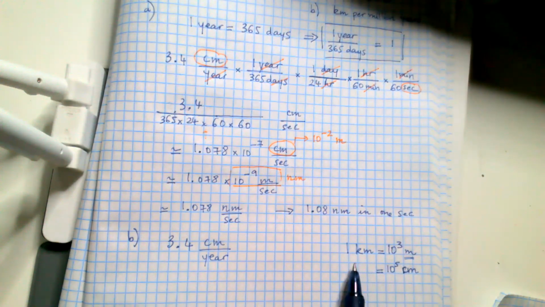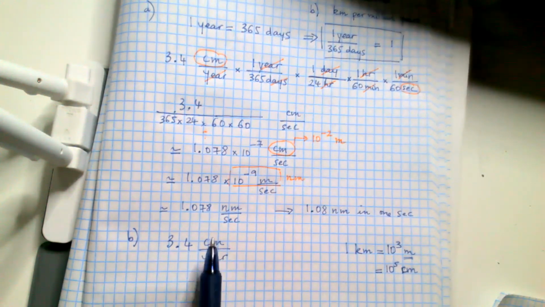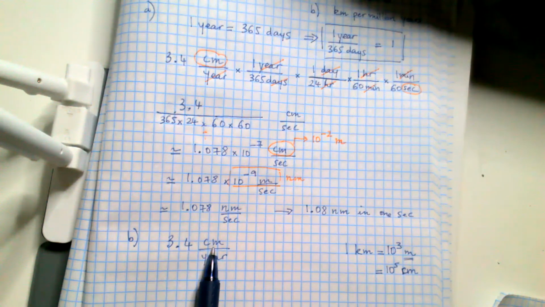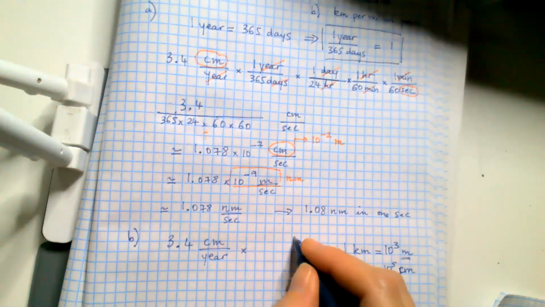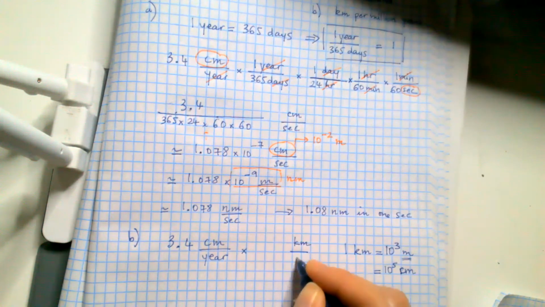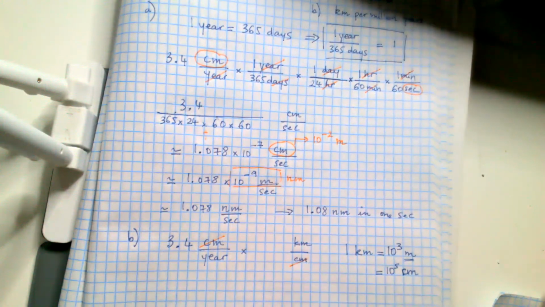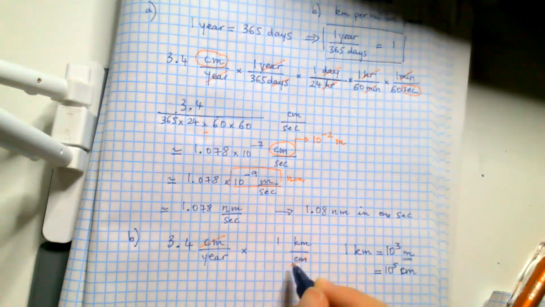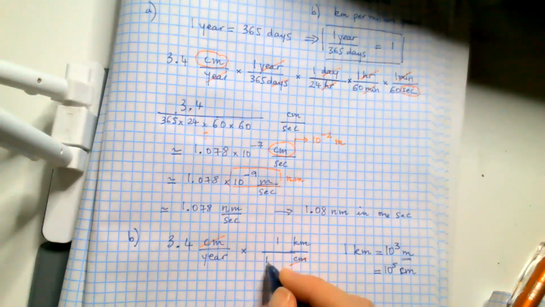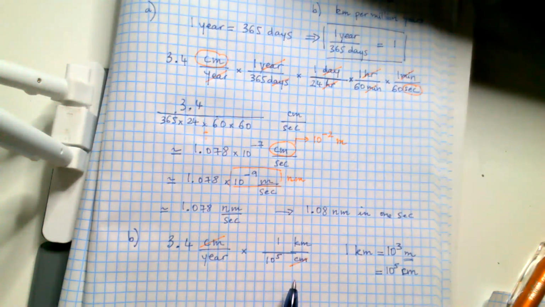So again, using the same method that we did here, and this time trying to replace our centimeters by kilometers, the goal is to have kilometers here, centimeters here, so we can eliminate that and have kilometers. And what we see is that in 1 kilometer, we have 10 to the 5th centimeters.